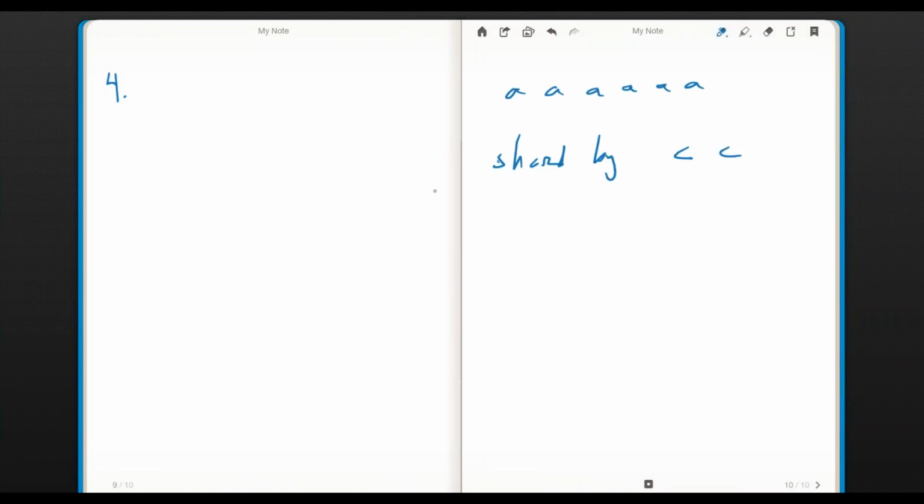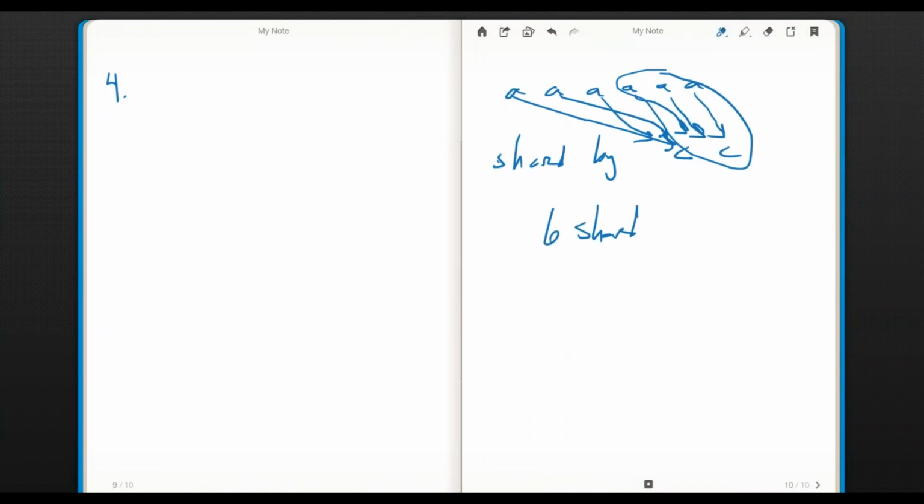How many apples did each child receive? Well, this apple went to this child, this apple went to that child, and so on. So each child received 3 apples, 6 apples shared by 2 children.